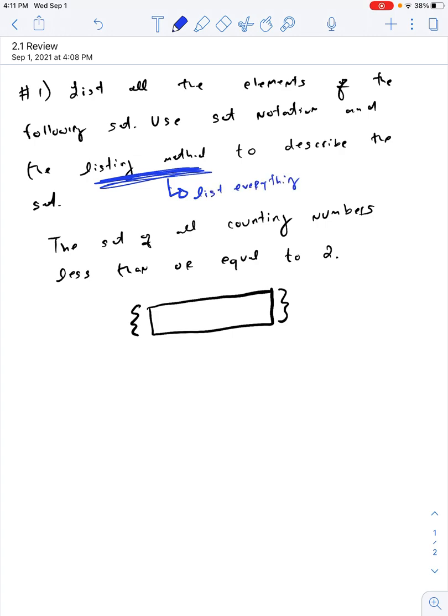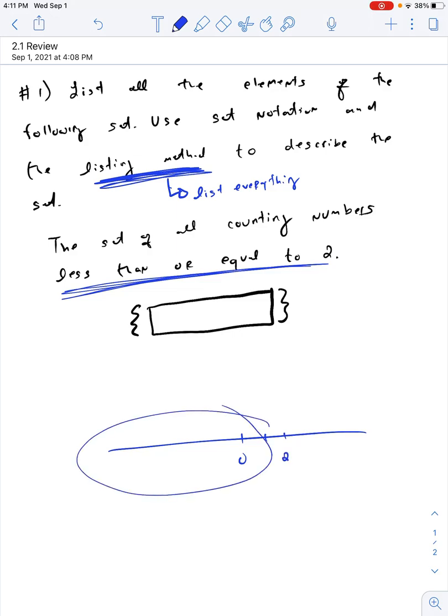We want to list everything that is less than or equal to 2. So if we look at our number line, here's 0, here's 2. Everything less is over here.